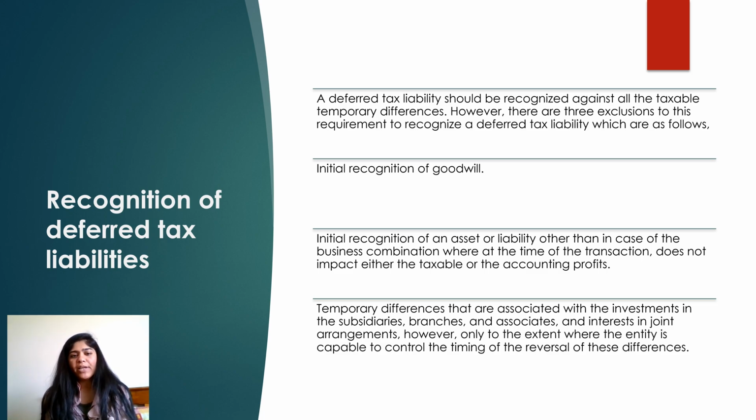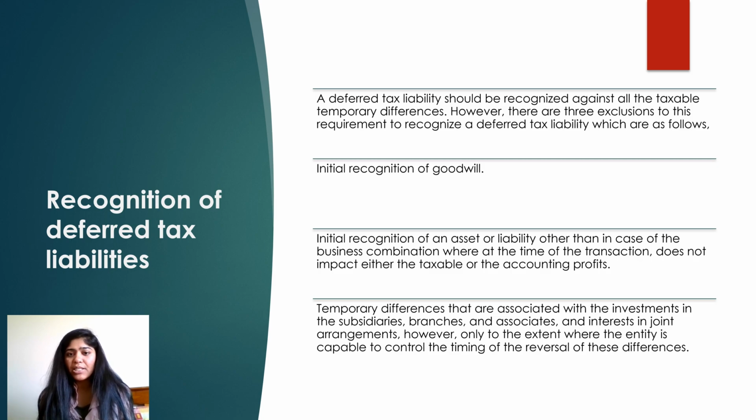Recognition of deferred tax liabilities. Here we can see that a deferred tax liability should be recognized against all taxable temporary differences. However, there are three exclusions to this requirement, which are as follows. The first is the initial recognition of goodwill.